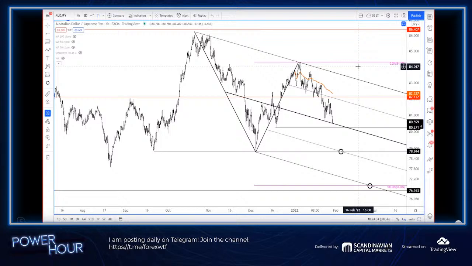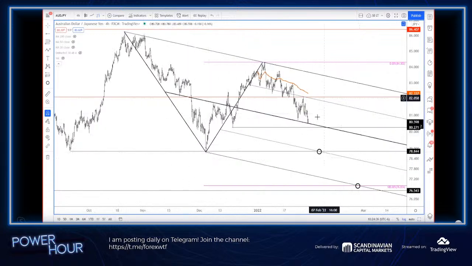This is perfect. So watch Aussie Yen over the weekend. Again, this is gap risk. What I'd be looking for is something like this: trade down here, this median line, which was former support, becomes resistance, and then you head lower to the bottom of the channel.